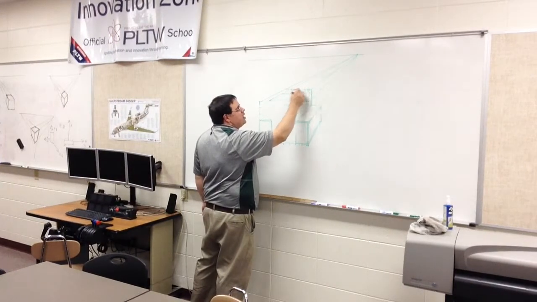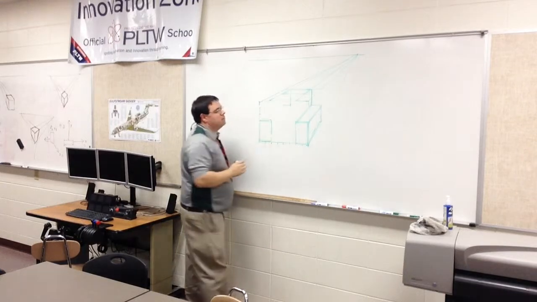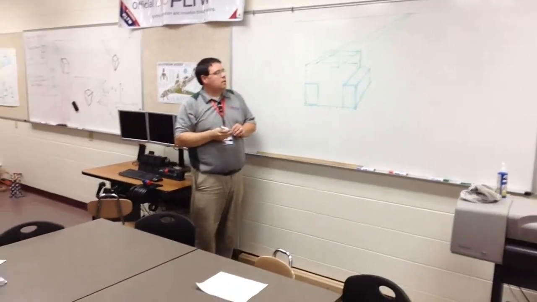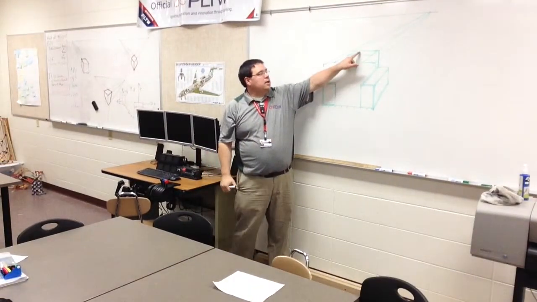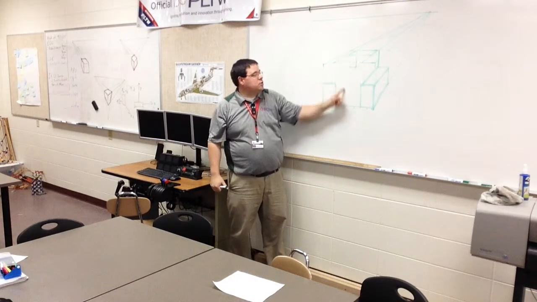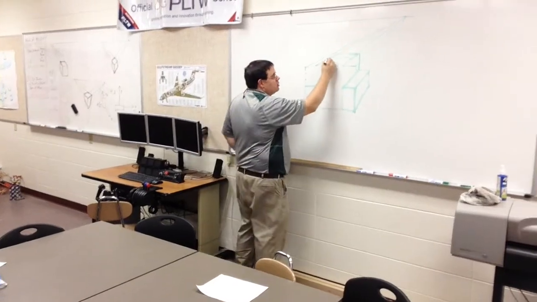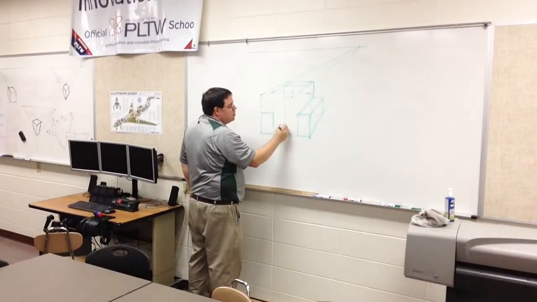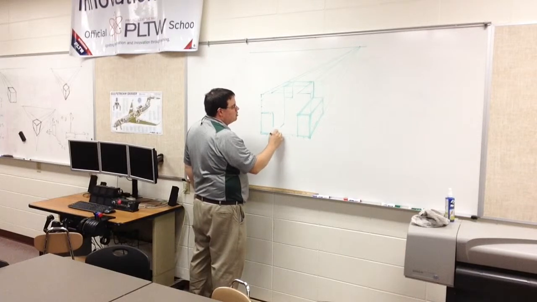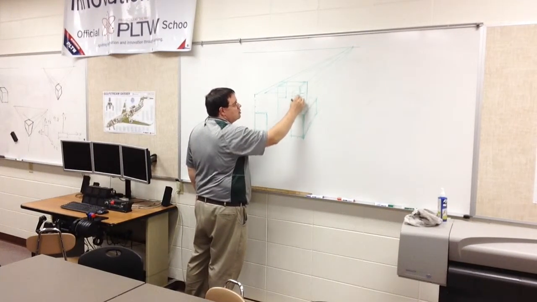And I'll darken these object lines because that makes up the top. So right here, this little rectangle is the top of the shape, and now I've got lines that come straight down to make up the middle tower part. So it comes straight down to this construction line here, and straight down until it disappears behind the object there.